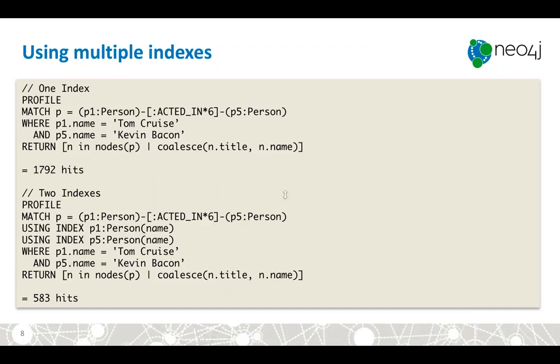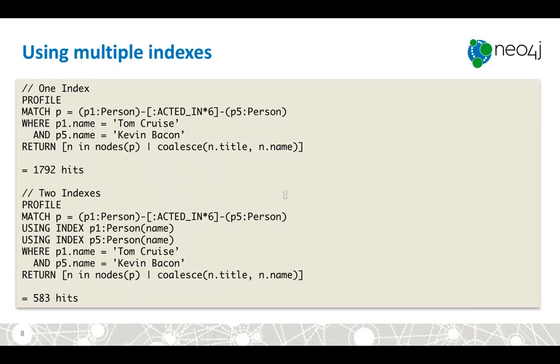Now, database hits are abstract units of work that we can use to compare query performance independent of the hardware or network conditions at the time. So 1792 is a good metric. The database hits are a good metric to evaluate whether you've improved your query or worsened it. So in the second example here, we're going to use two indexes. You can see underneath the match clause here, we have two using index hints, indicating to use the person 1 name and the person 5 name.